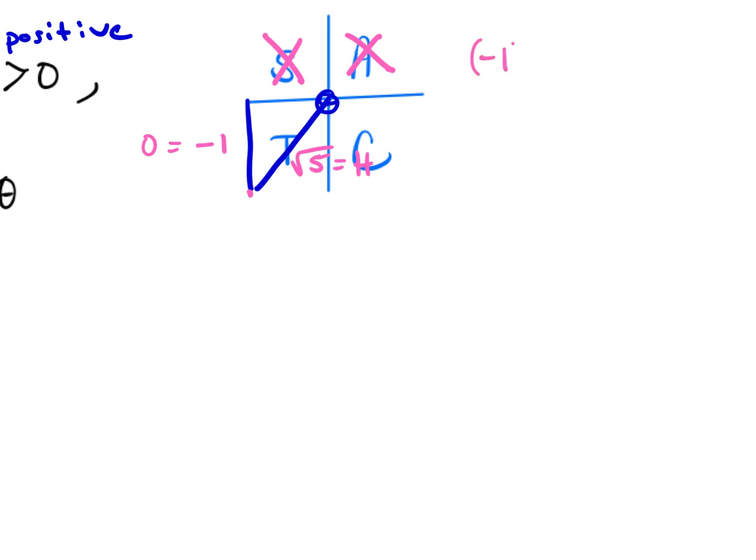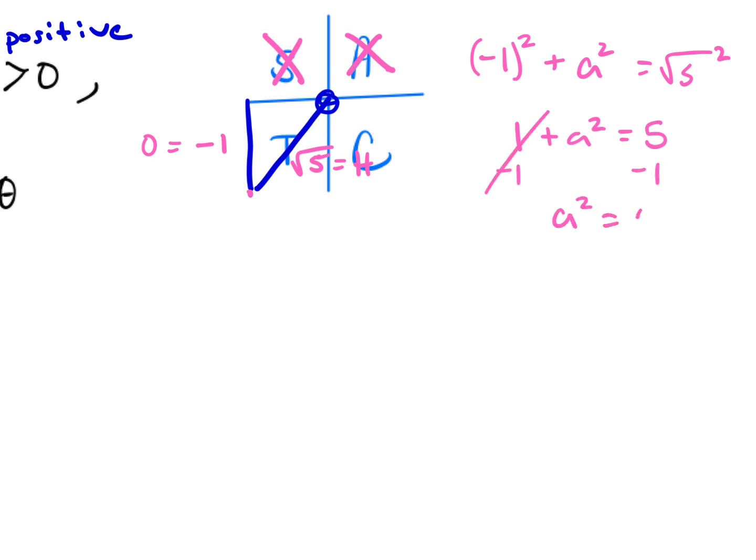So we have negative 1 squared plus, I'll call it a squared since it's our adjacent, is equal to square root 5 squared. Negative 1 squared is 1, plus a squared is equal to, what is square root 5 squared? 5. Subtract 1. So a squared is equal to 4. So what is a? 2. Now we have to be careful here because we're going to the left, so we're going in the negative direction on our x-axis, so it's negative 2. So our adjacent is negative 2.